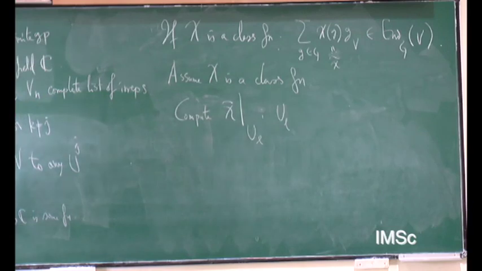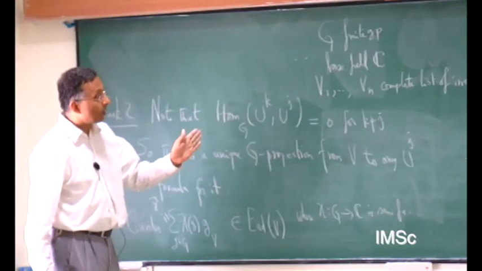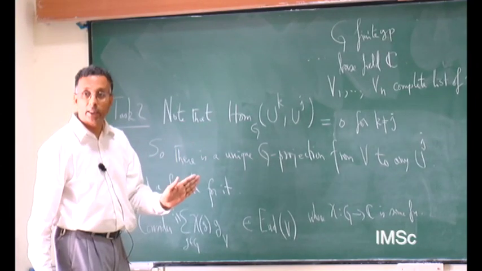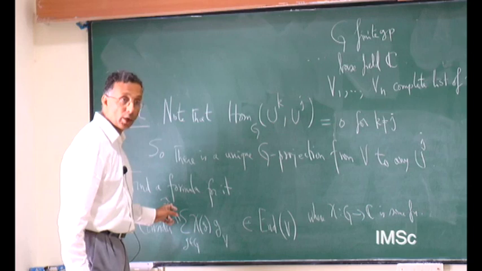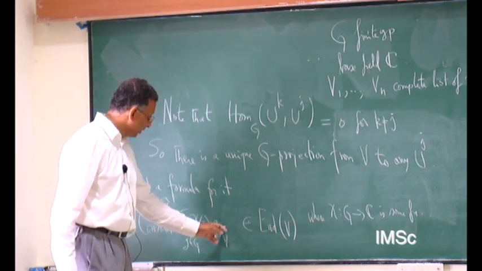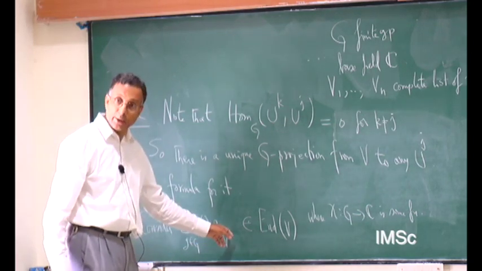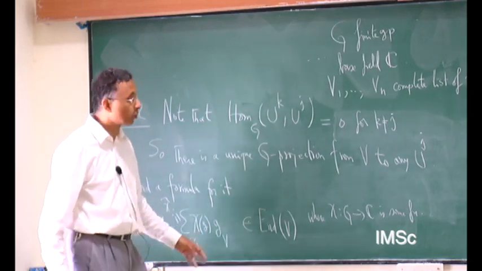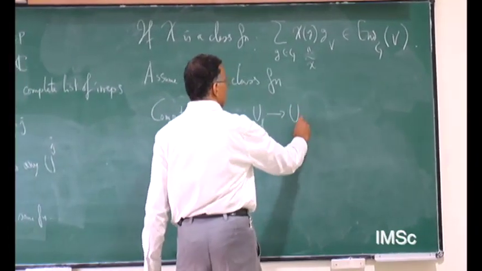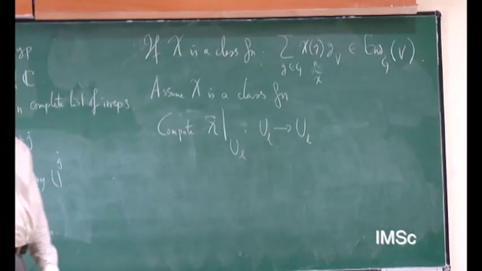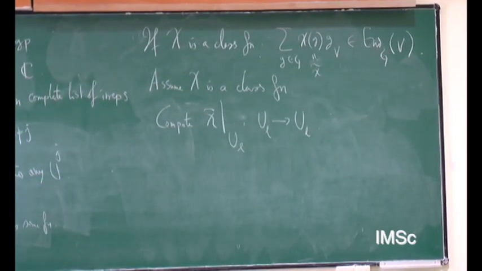Okay, what is chi tilde? It is this. U_L is a G-invariant space. So if I act this on an element of U_L, g keeps that in U_L, and this is a scalar. So you will get a map from U_L to U_L, right?